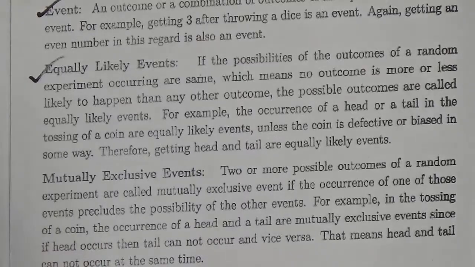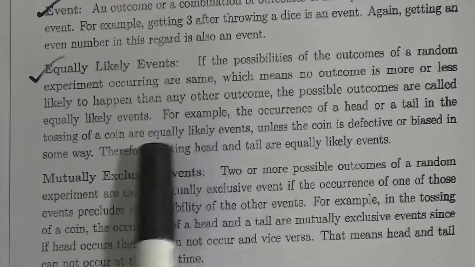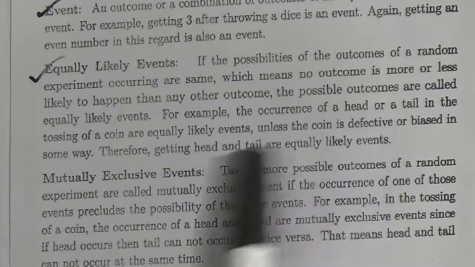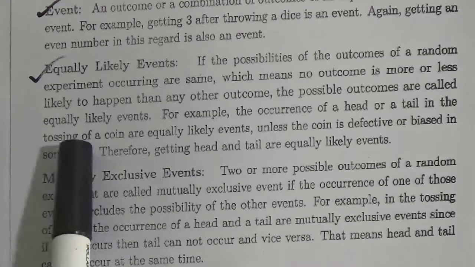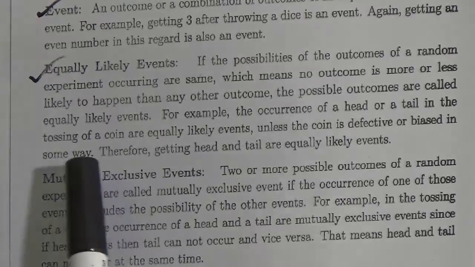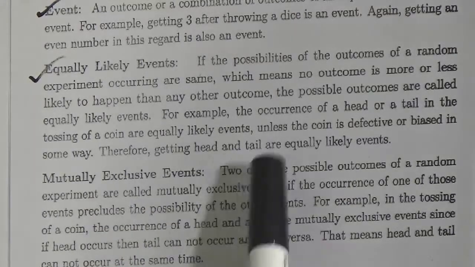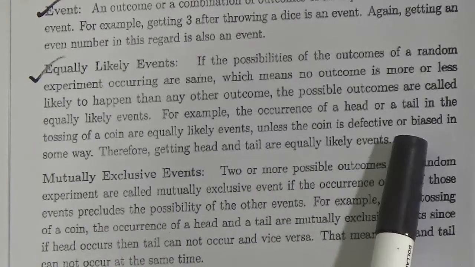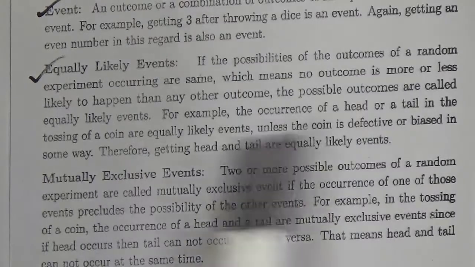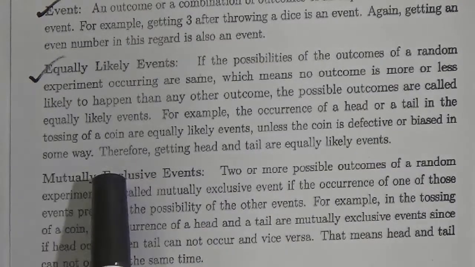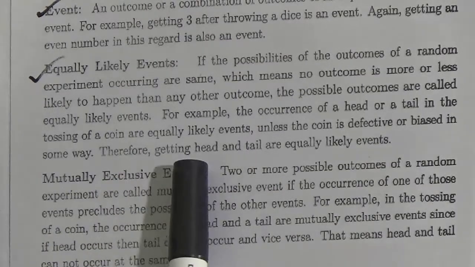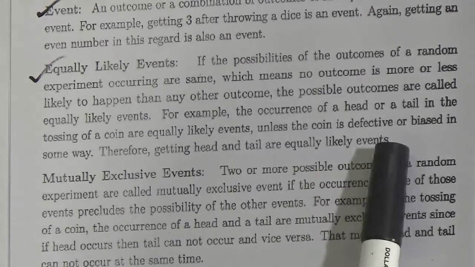For example, dear students, if you can understand the examples, then you will understand the definition easily. For example, the occurrence of a head or a tail in the tossing of a coin are equally likely events unless the coin is defective or biased in some way.